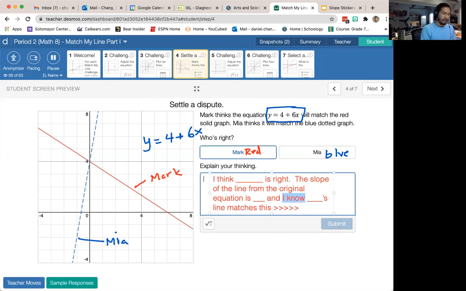And blank's line matches this because, and then explain. How do you know? That's a great way to describe or explain your thinking and your answer. Okay, so you're picking whose line matches the equation, and then you're going to write an explanation.